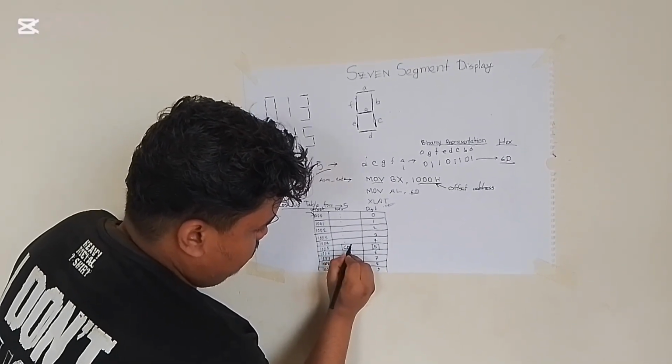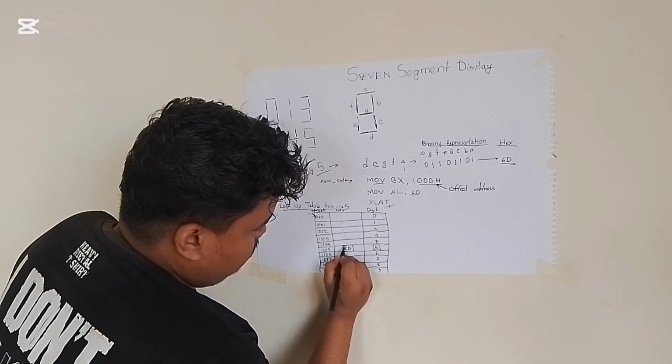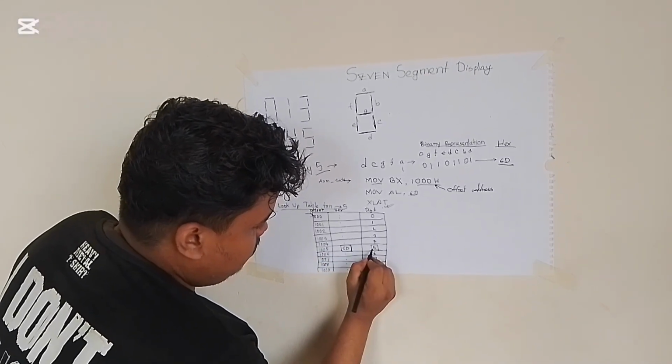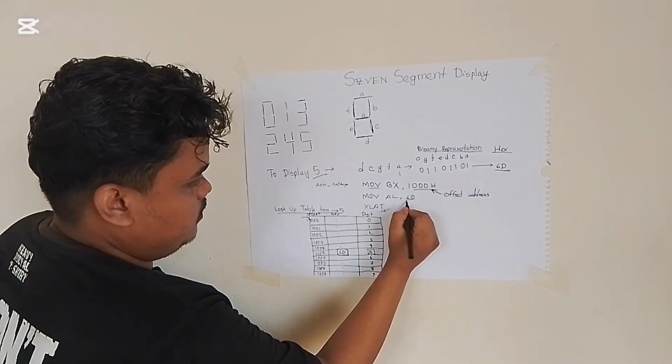The equivalent hexadecimal value of 5 is 60. So here we write the 60.